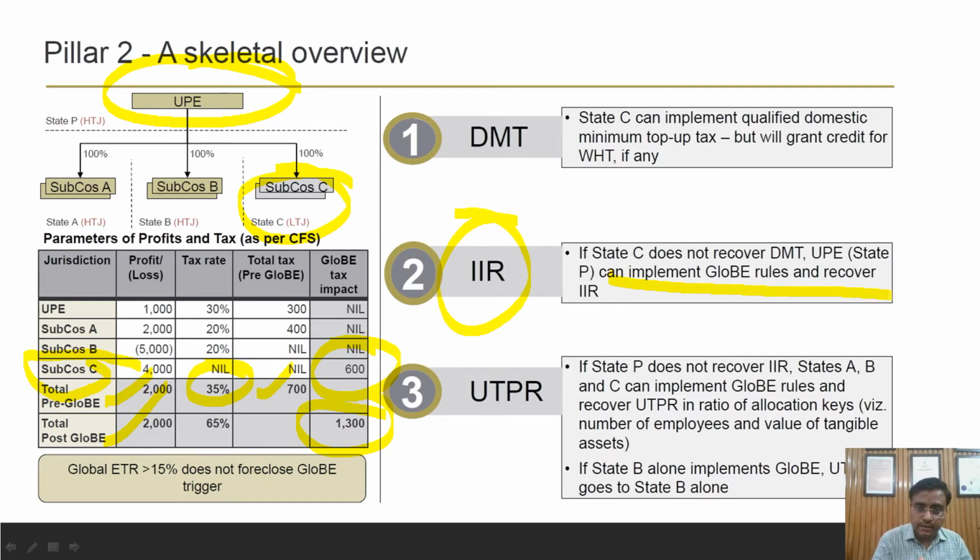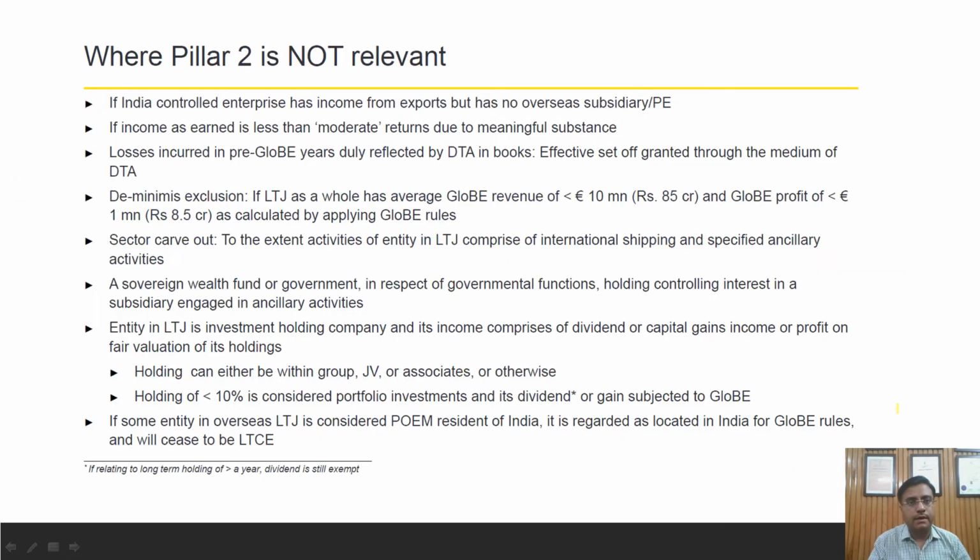If P, the parent entity, does not recover IIR, A and B will recover UTPR in the ratio of allocation key, number of employees and value of assets. If B alone implements the Globe rule, then B is liable to tax as per the UTPR.